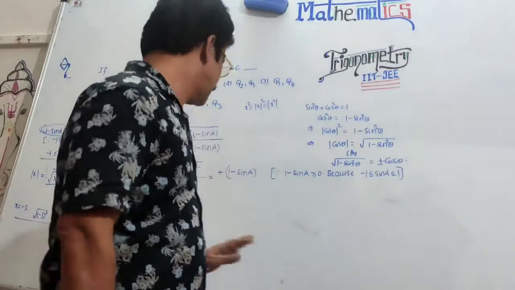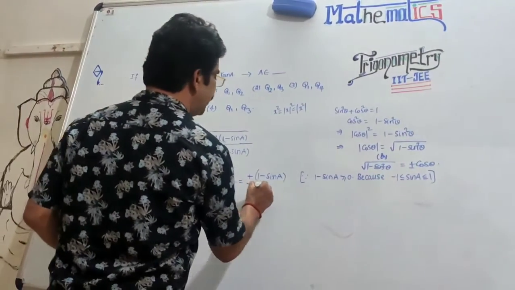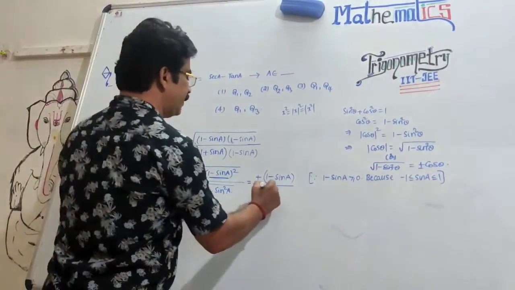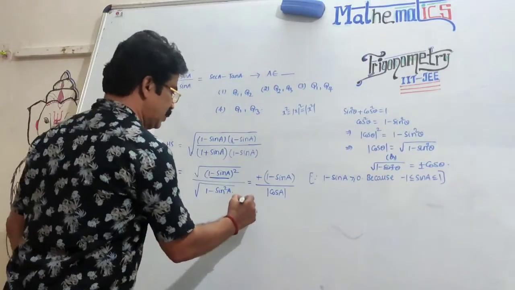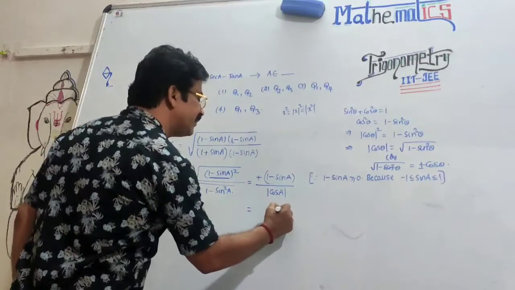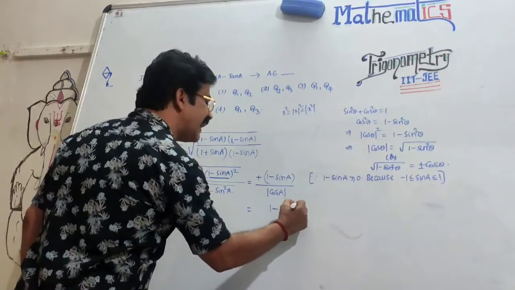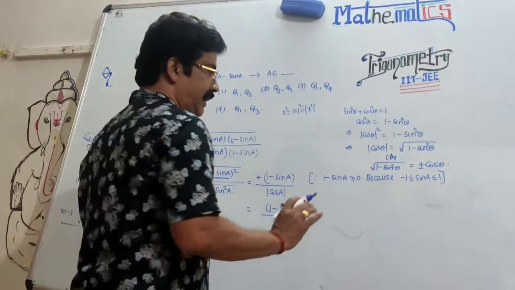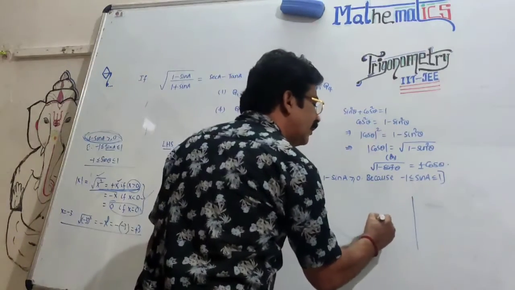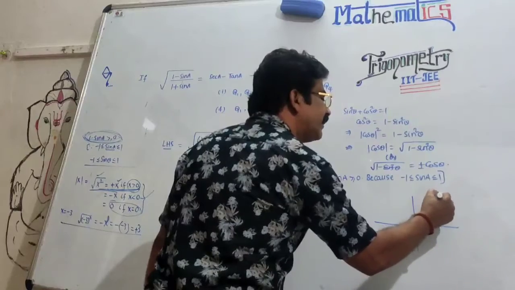So therefore this is divided by modulus of cos A. So that is equal to 1 minus sin A divided by modulus of cos A. Actually, all silver teacups. This is the first quadrant.